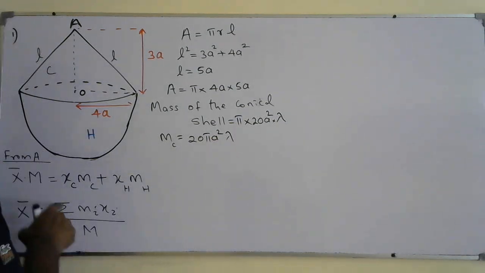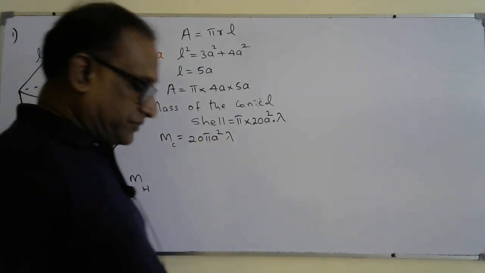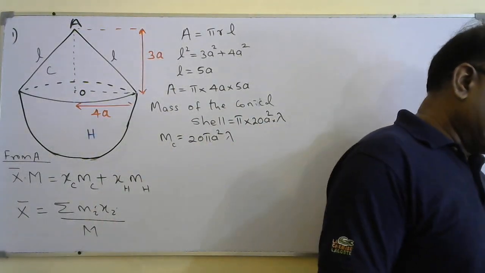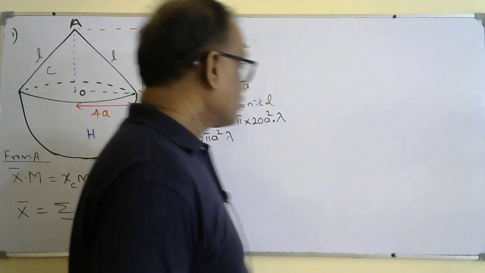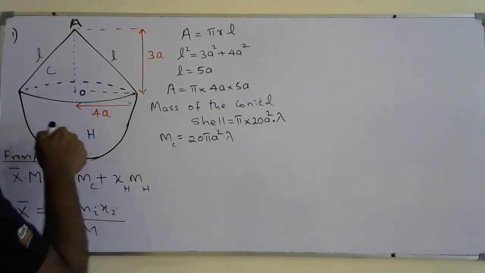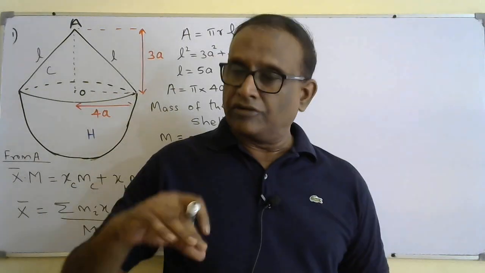Okay, that's MC. Now I need to find the mass of the hemispherical shell. For a sphere the surface area is 4 pi r squared, half of it.